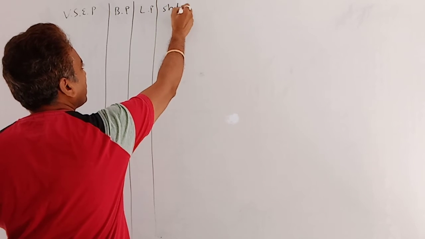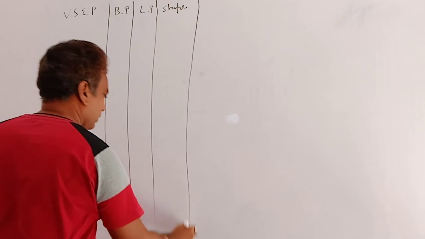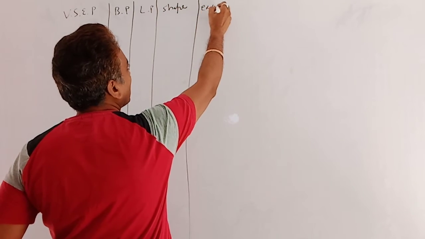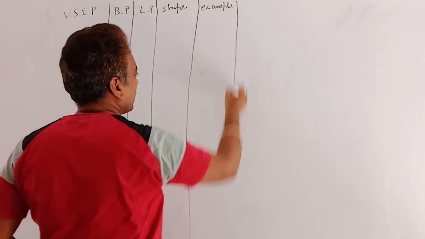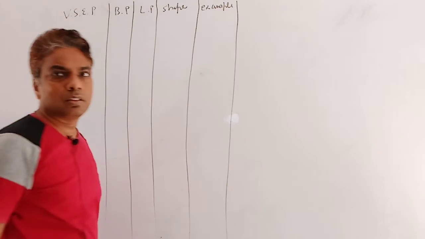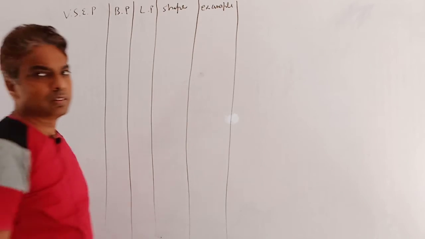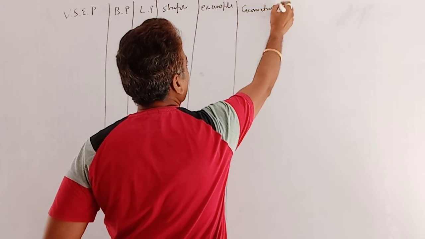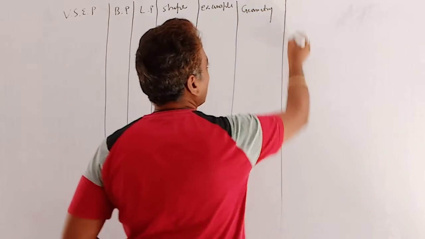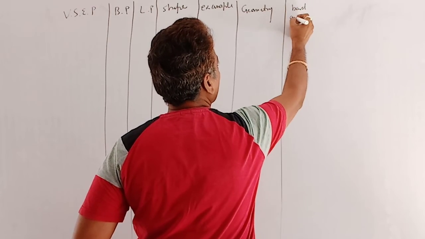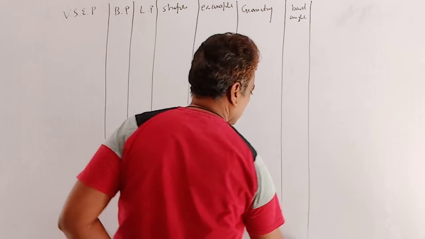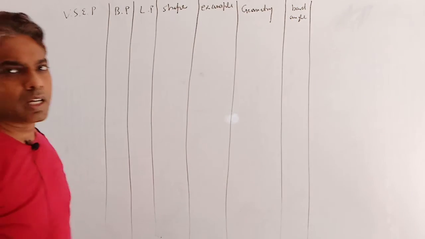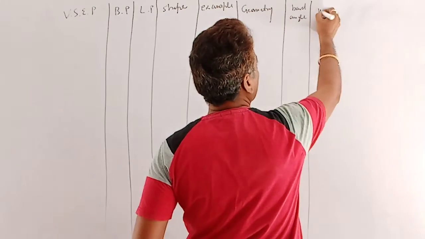Now shape. Now example. Clear? Now geometry. Now bond angle. Clear? And the last column is for hybridization.